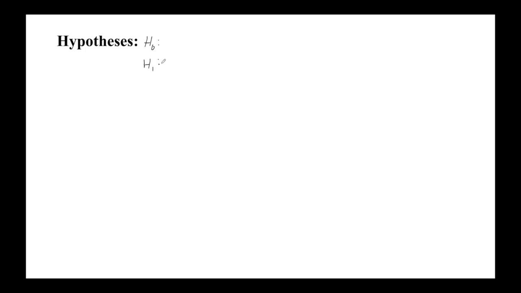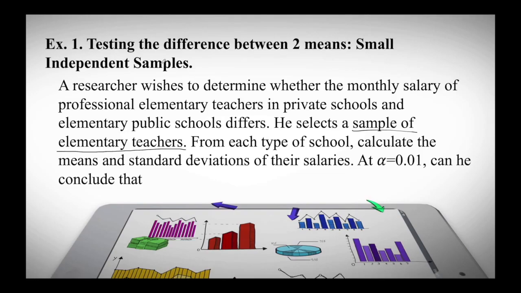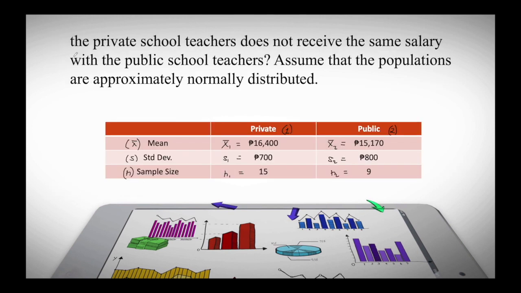Again, based on the last part of the problem, can he conclude that the private school teachers do not receive the same salary as the public school teachers? Meaning to say, our alternative hypothesis will be the claim, which is mu 1 or the population 1.